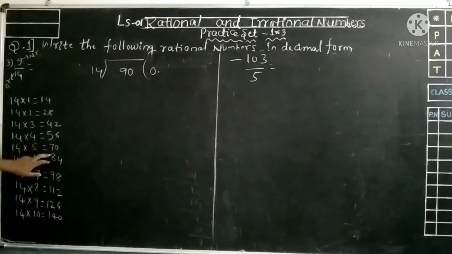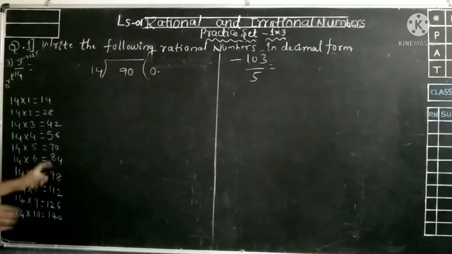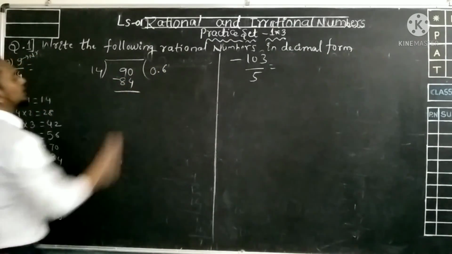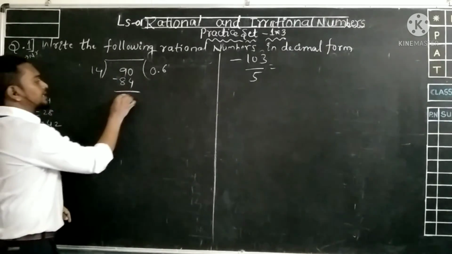90 is not in the 14th table. Therefore, the value less than 90 is 84. 14 6s are 84. 90 minus 84 means 6.